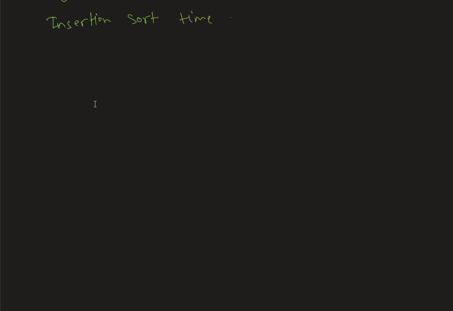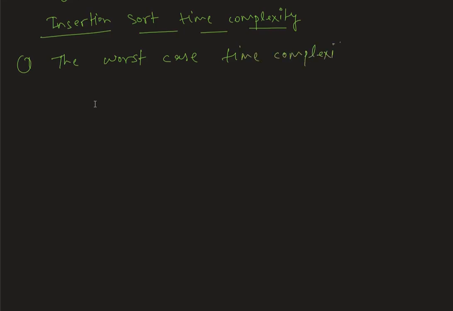For insertion sort time complexity, we have two things. One is the worst case time complexity of insertion sort, which is big O of n square.